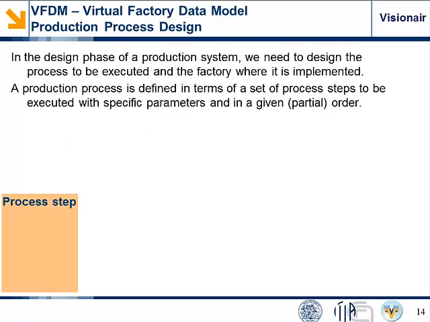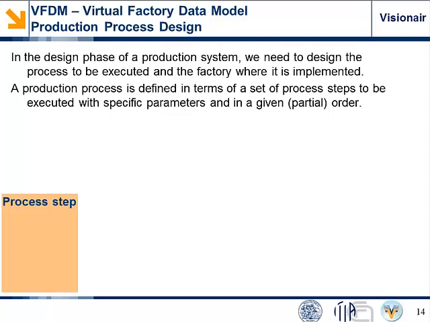Every time you design a system, you start from the product, and associated to the product, you define the process needed to manufacture that product. A production process in general is defined in terms of a set of process steps that can be sequential or can have a much more complicated set of precedence relationships, defining specific segments of the process that should be executed to have the final product.